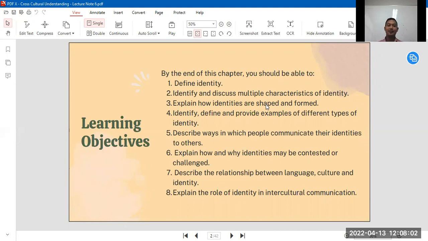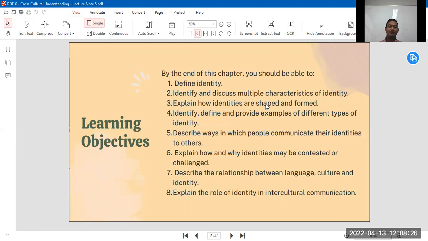Fourth, identify, define, and provide examples of different types of identity. The fifth, describe ways in which people communicate their identities to others. And then the sixth, explain how and why identities may be contested or challenged.